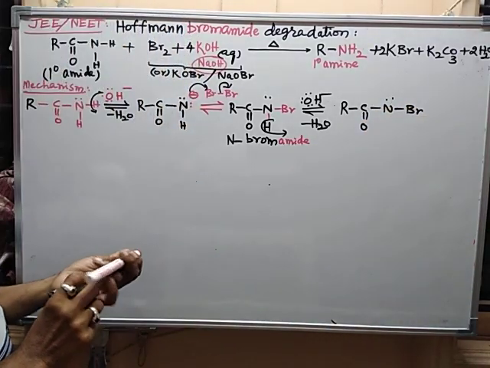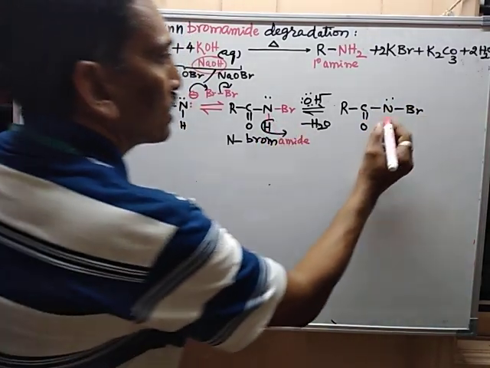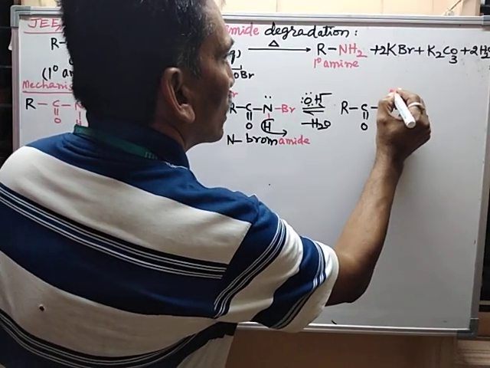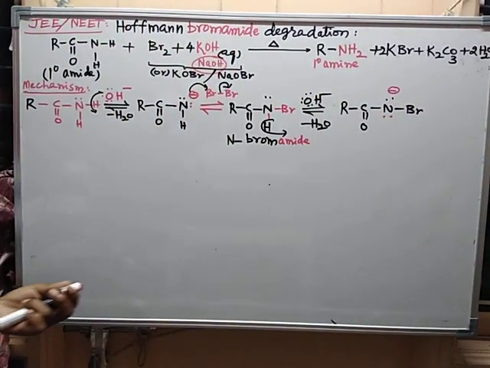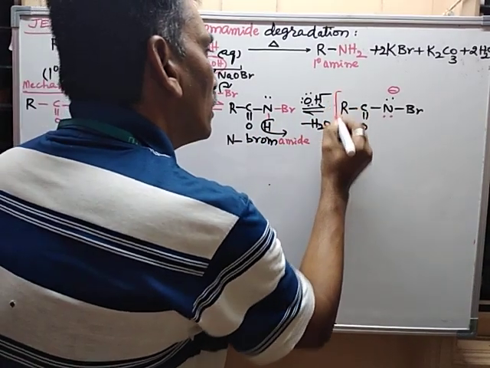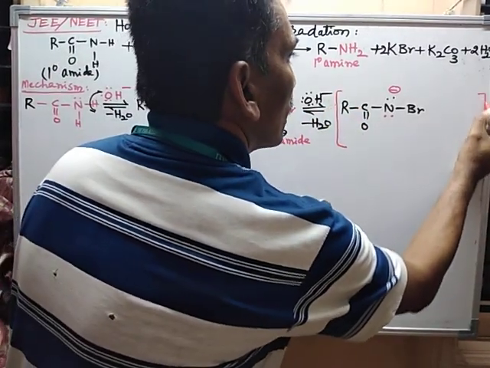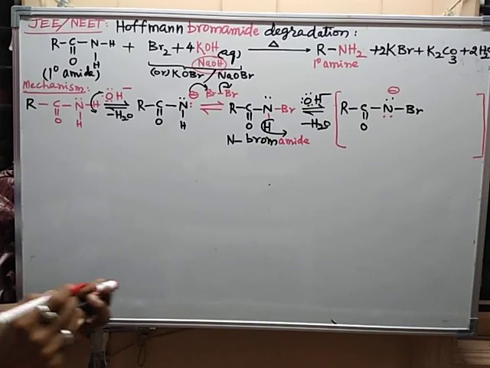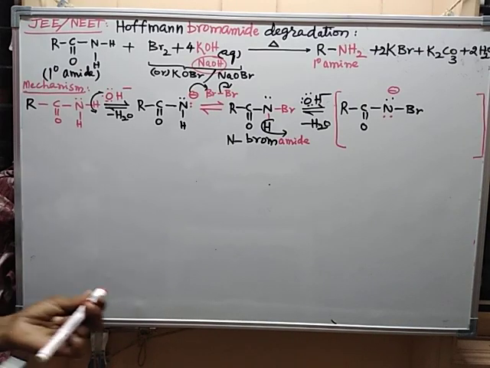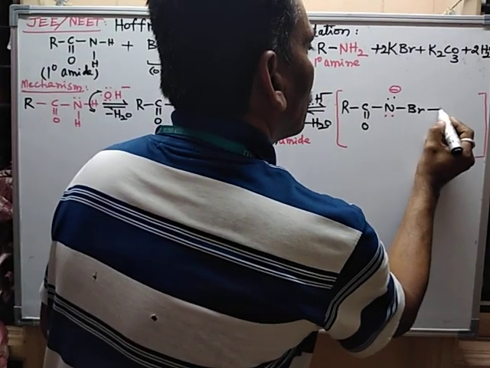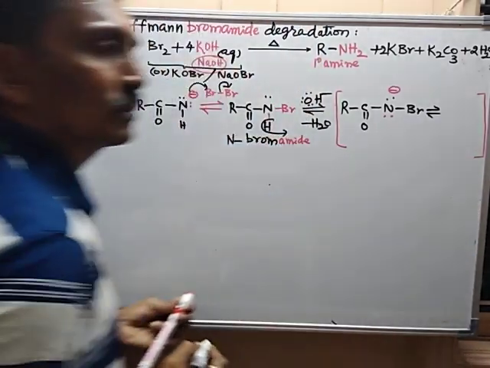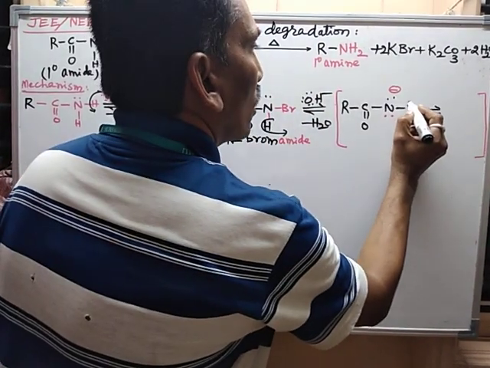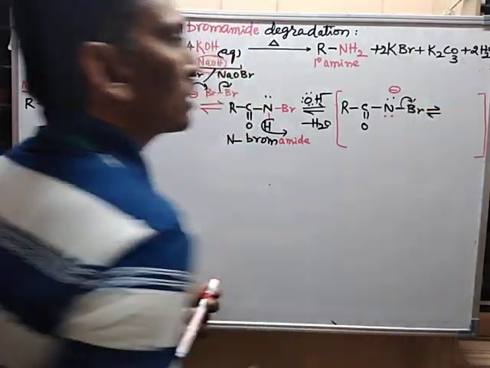One more pair of electrons from this NH bond results, and this nitrogen acquires a negative charge. At this stage, it is ready for rearrangement. Internal rearrangement is taking place. Very simple. Br is ready to leave in this case.